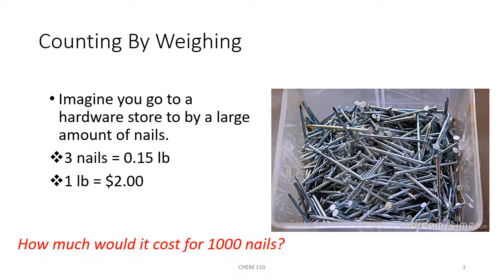Just like we could take a mass of a certain number of nails and determine how much we need to weigh that would equal 1,000 nails. And we could figure out, based upon if 3 nails we were told weighed 0.15 pounds and we knew that 1 pound cost $2, we could use those unit conversions to essentially figure out our cost for 1,000 nails. This is going to be the same idea that we'll use when looking at moles and grams and number of atoms.